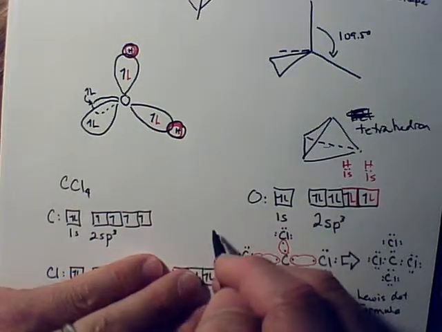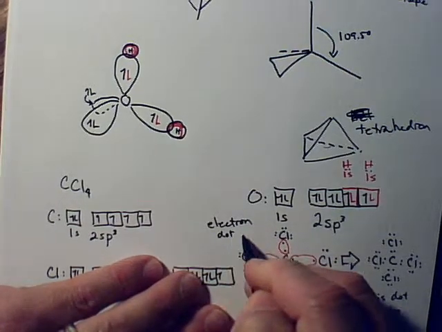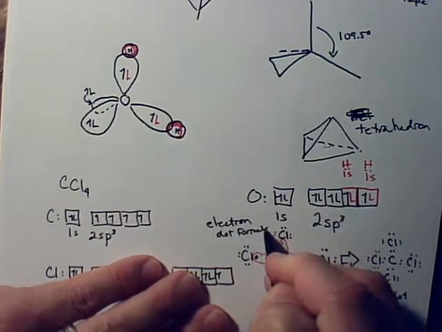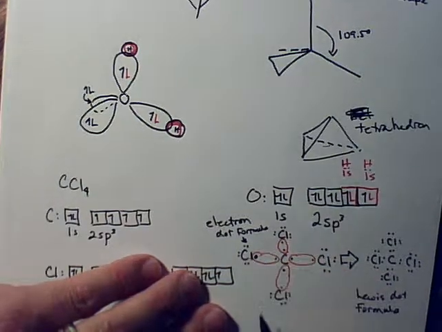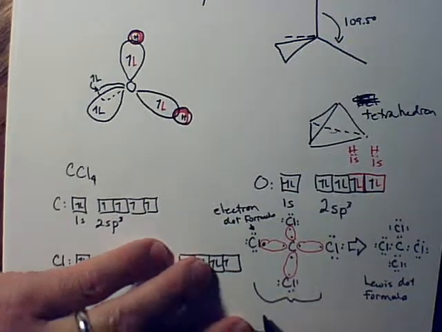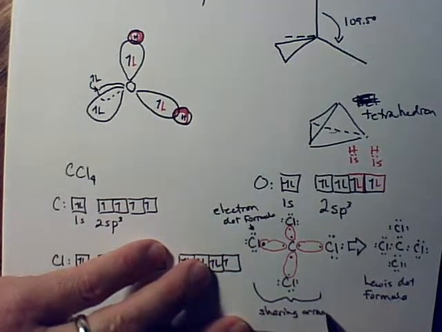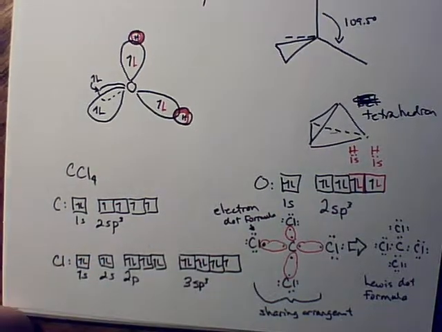Okay? So we started out with the electron dot formulas over here. So that was the electron dot formula. Then the whole thing became a sharing arrangement. And then from that, we were able to come up with the Lewis dot formula.